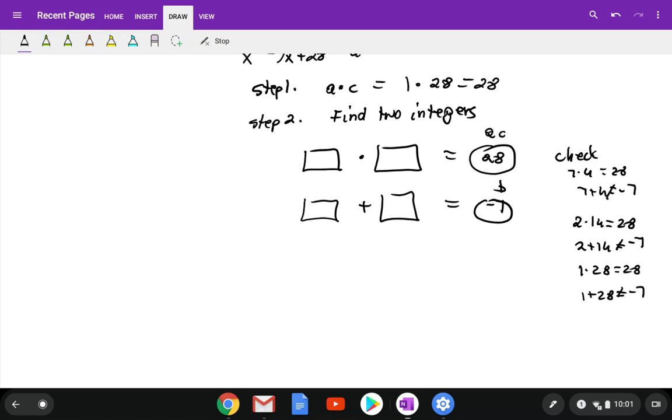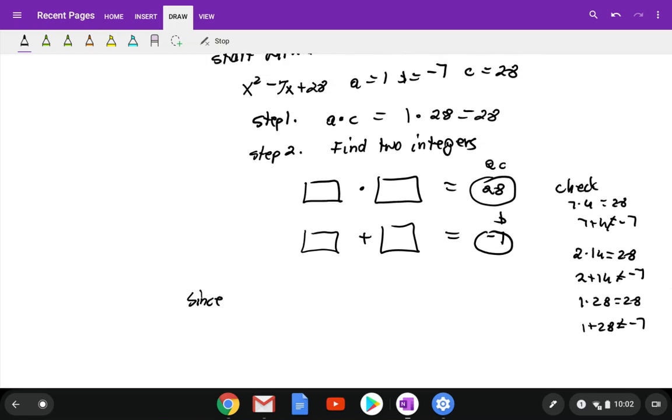So let's write this down: since we cannot find such integers, which satisfy the condition that the product of those integers equals 28 and their sum equals negative 7, we call this original x squared minus 7x plus 28 a prime trinomial. That means you cannot factor it, since no such integers exist.